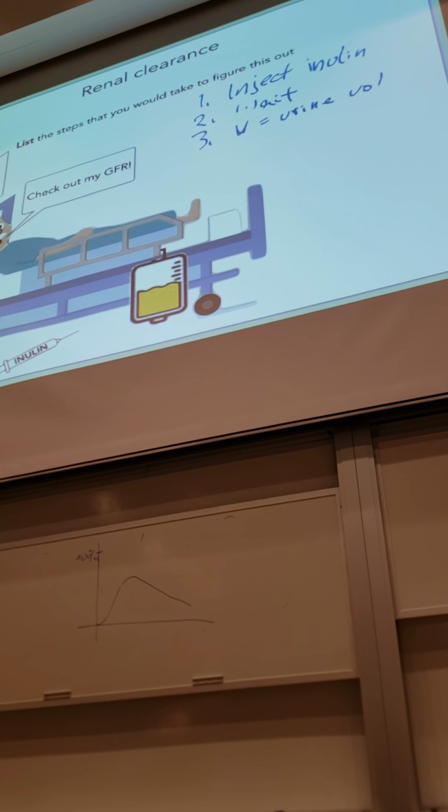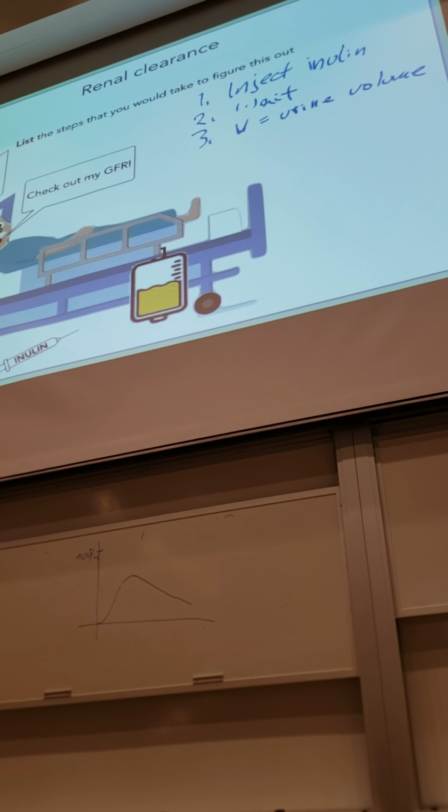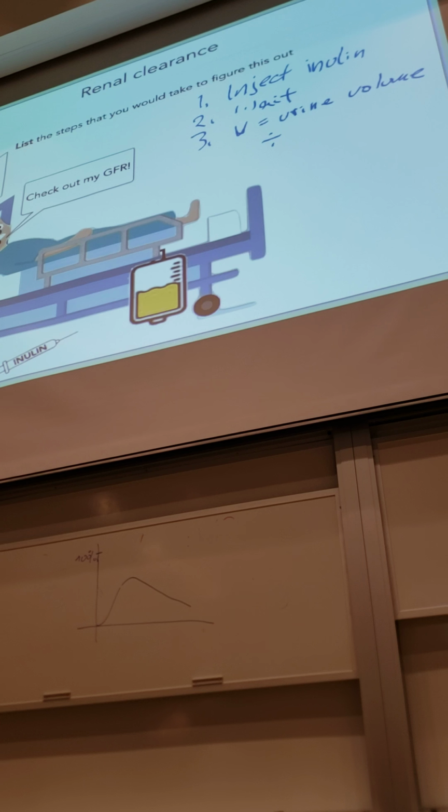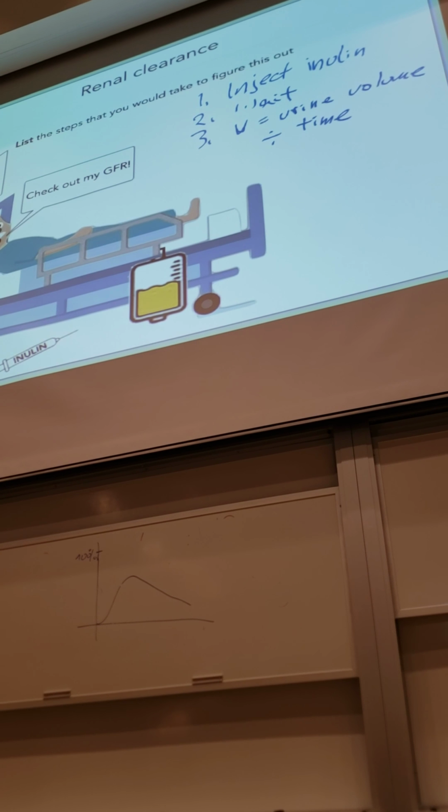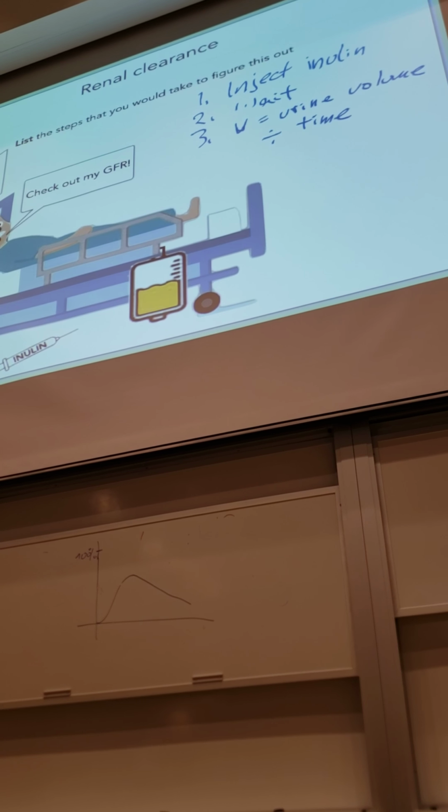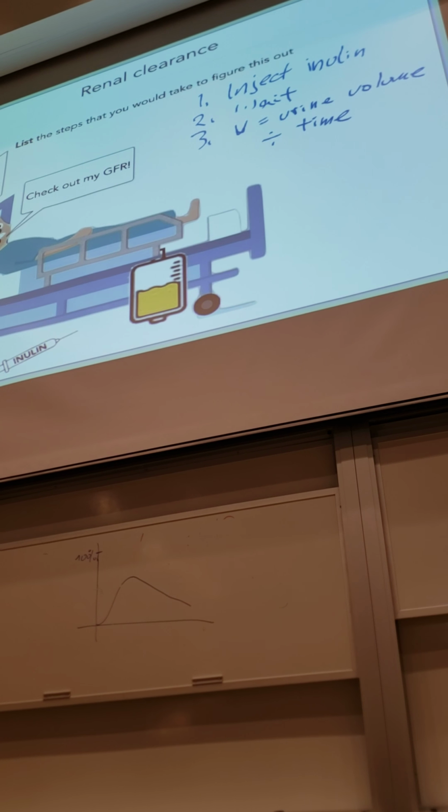Urine volume divided by time, right? So let's say, as an example, there's a production of 100 milliliters in an hour, okay? What else do we do?